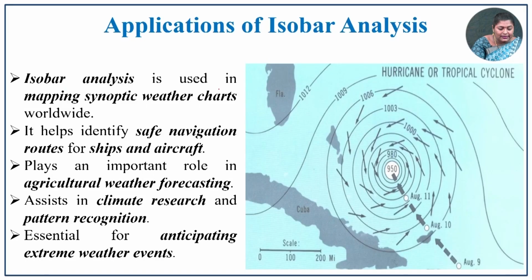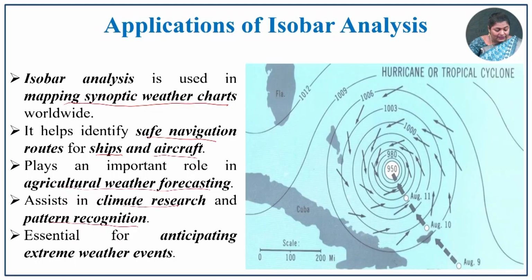Applications of isobar analysis. Isobar analysis is used in mapping synoptic weather charts and in safe navigation, whether by ships or aircraft. It is also important in agricultural weather forecasting, and in climate research and climate pattern recognition.